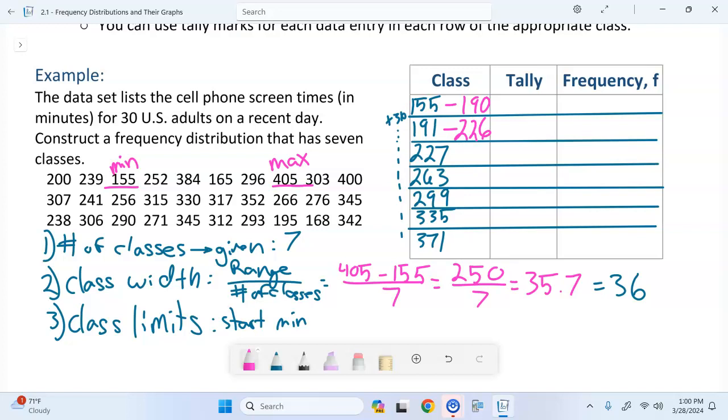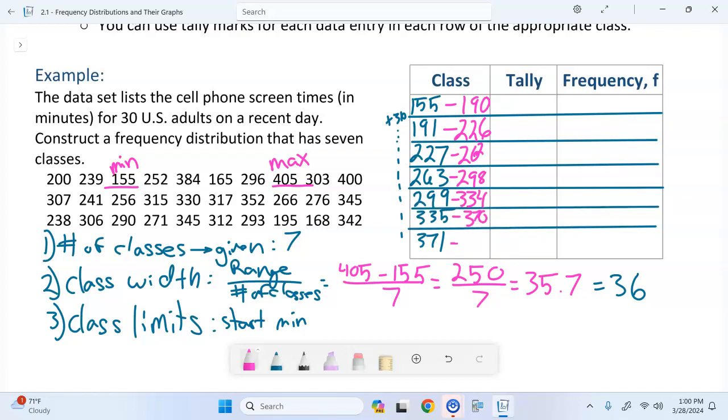Also, just like we added 36 to get the lower class limits, we can do the same thing to get the upper class limits. Add 36, add 36, add 36. You're going to have to do that in order to get the last one, because we can check with the next lower class limit for each of these, and we get 262 and 298, 334, and 370.